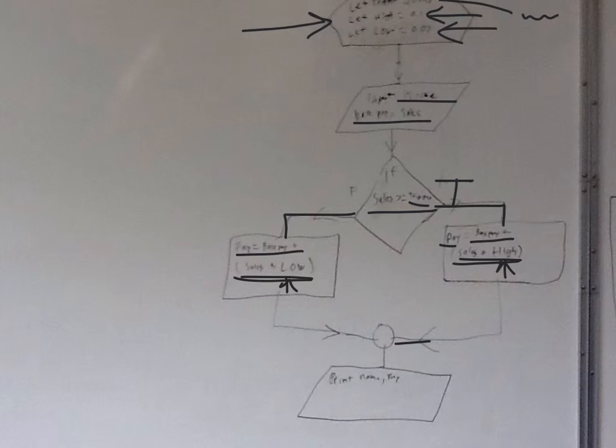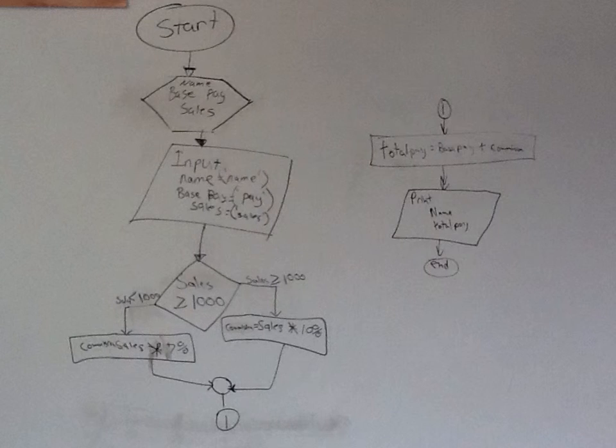Bring it back together, print it out. And there's a couple different ways you could do this in terms of how you calculate this. You could assign a value to each of these and then do your calculations here too. It'd be another interesting way to do that. Alright, we've got one more to look at.